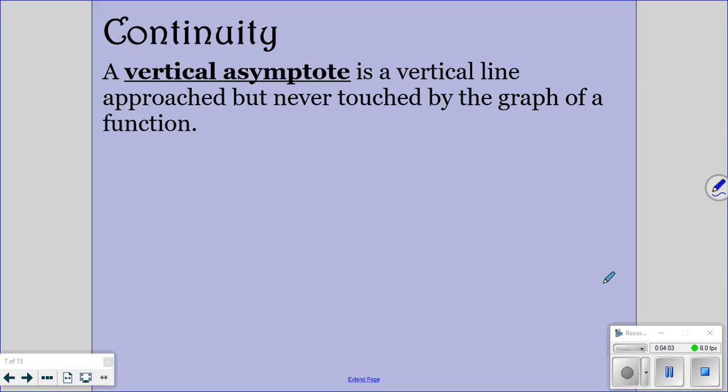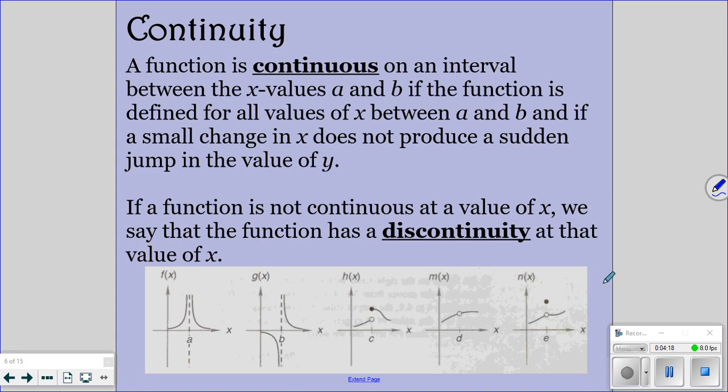So vertical asymptote, I just went over that term on the last slide. I used it, but I didn't tell you what it is. It's a vertical line that you approach, but you never touch it. The graph will never actually touch the vertical asymptote. So looking here, there are two vertical asymptotes that are shown.